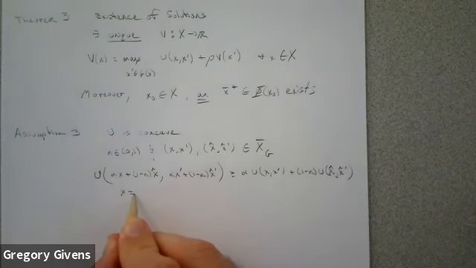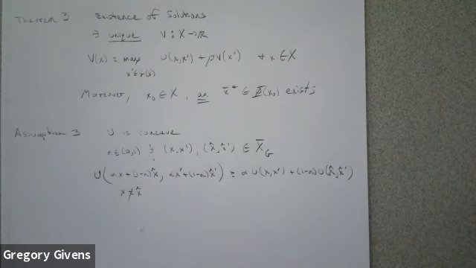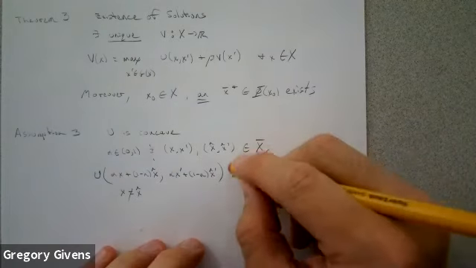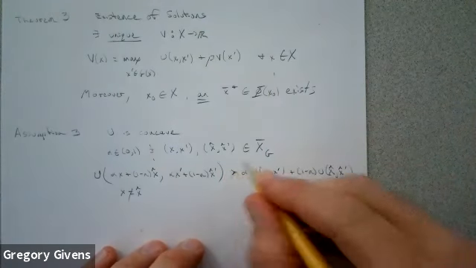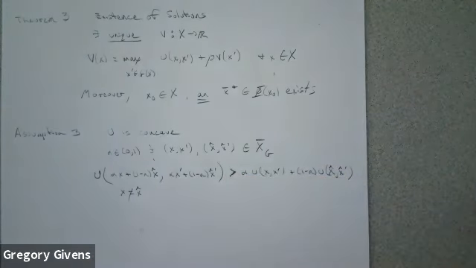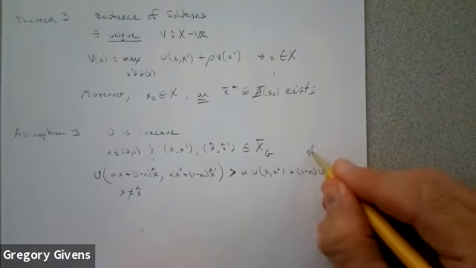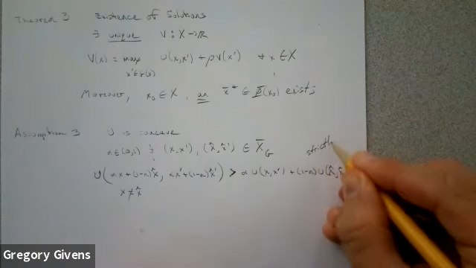Now, as long as x is not exactly equal to x hat, then we can say that this is a strict inequality and that the payoff function is strictly concave. That'll be the relevant case for us.